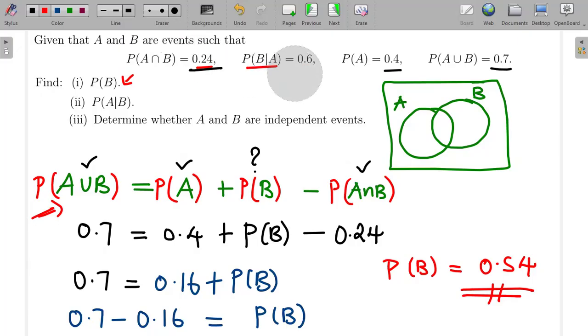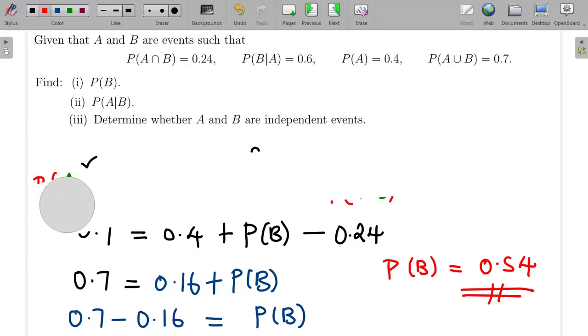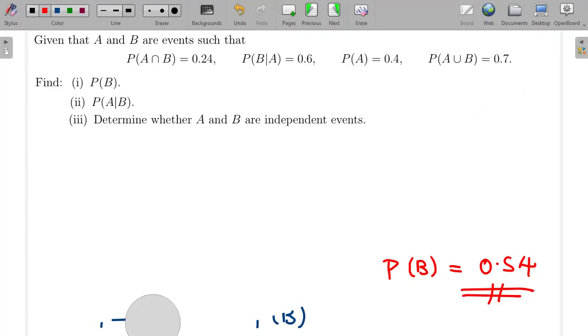All right, so we move on to part 2. Part 2 says find the probability of A given B. This is a conditional probability. How do we find a conditional probability?